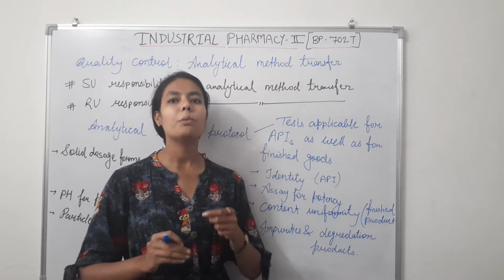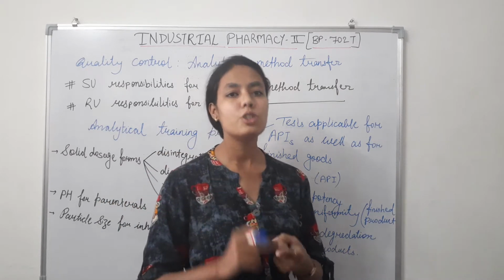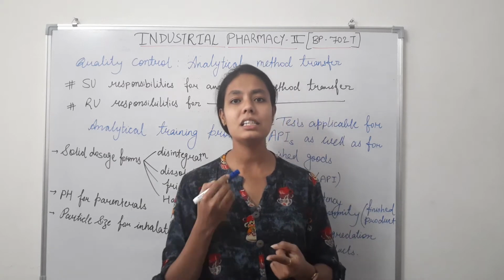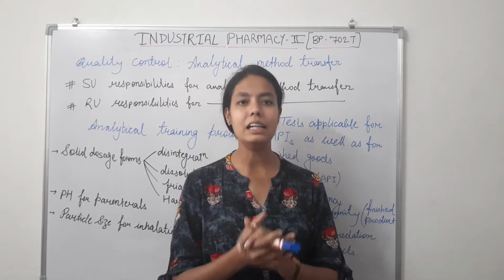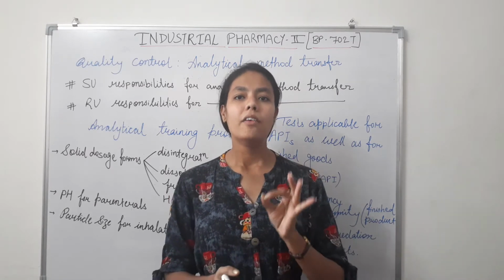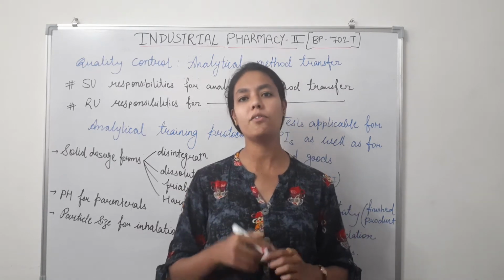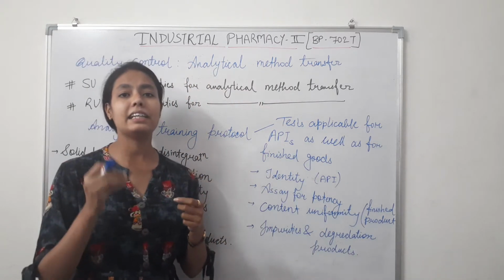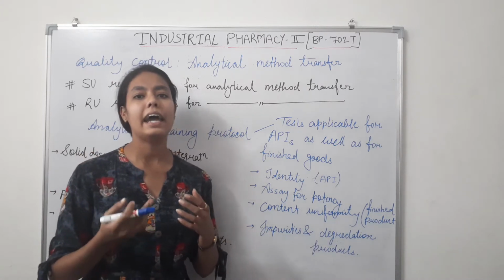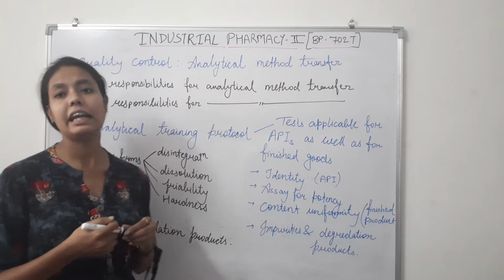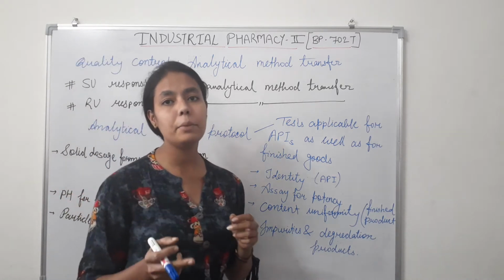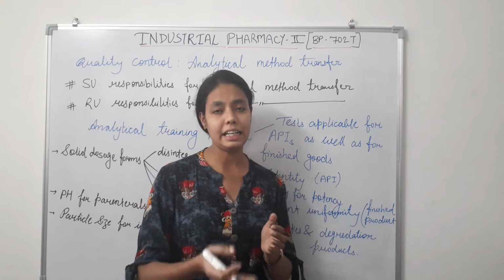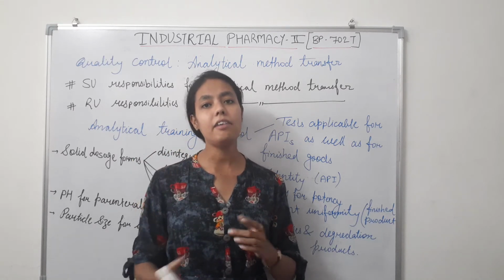The analytical method transfer protocol should describe the objective, scope, and responsibilities of the sending unit as well as the receiving unit, the various materials, methods and equipment, the experimental design and acceptance criteria, and, very important, its documentation, which includes the information to be supplied with the result, the various acceptance criteria, report forms to be used in the analytical method, various deviation limits, references, signed approval and details of the reference samples, that is for API, intermediate product and finished goods.